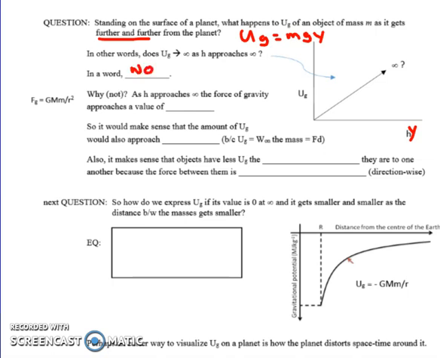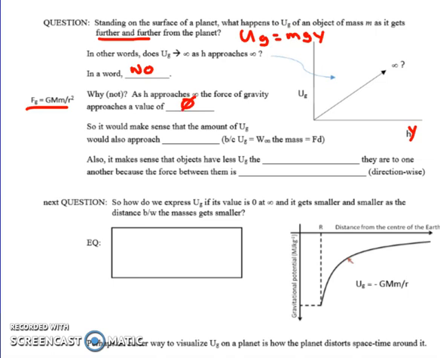There are a few reasons why that doesn't make sense. One I've alluded to already, and that's that the value of g is dropping. If we remember from our universal gravitation, the force of gravity between any two objects falls off by the square of their distance. So as we approach infinity, and it doesn't have to be infinitely far away, we're just talking 10 to the 8th, 10 to the 9th, 10 to the 10th meters, the value of gravity approaches 0.